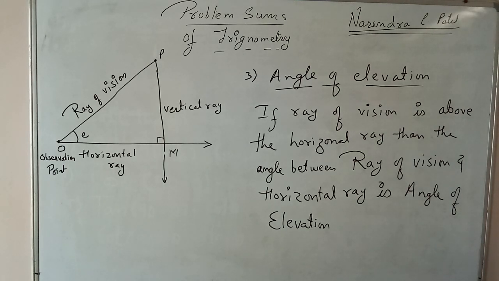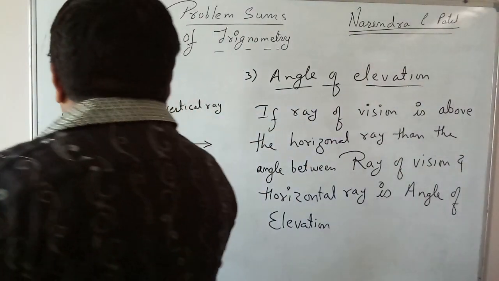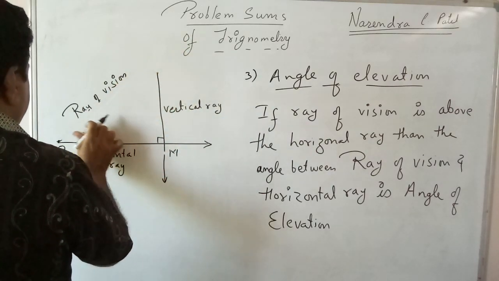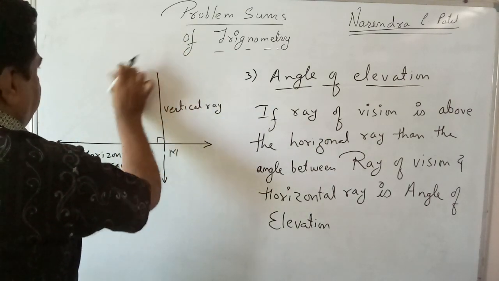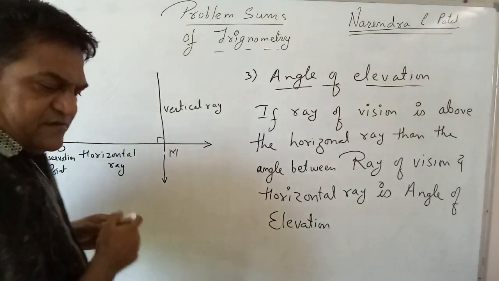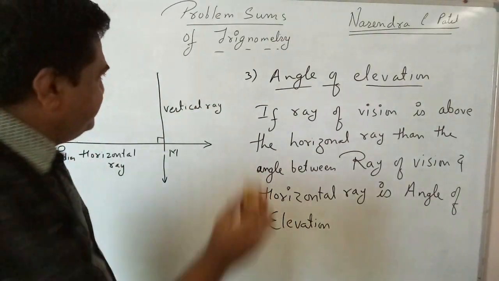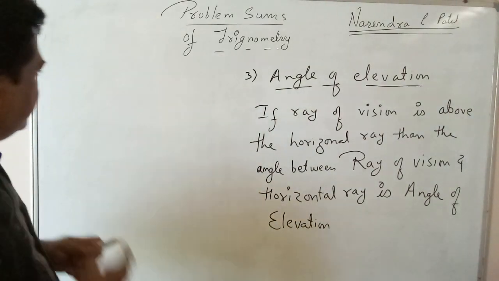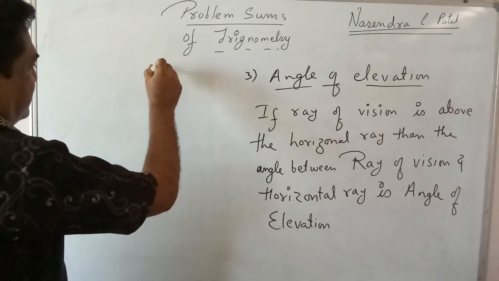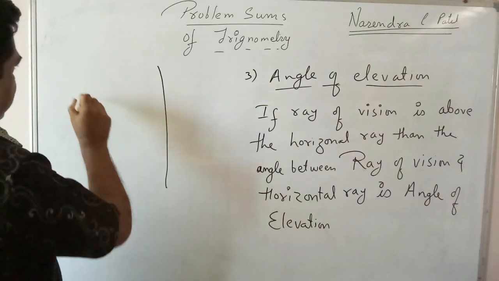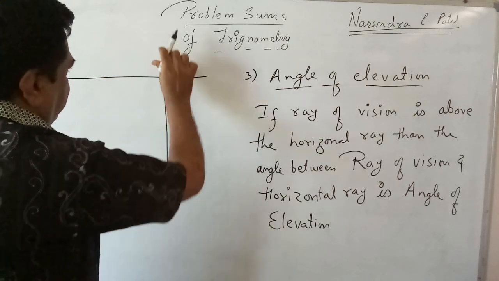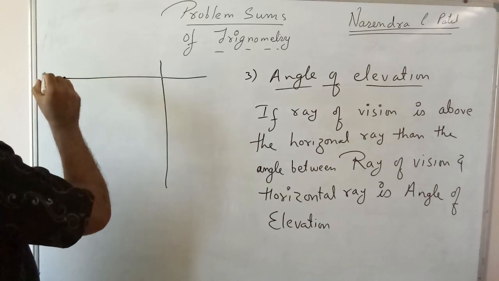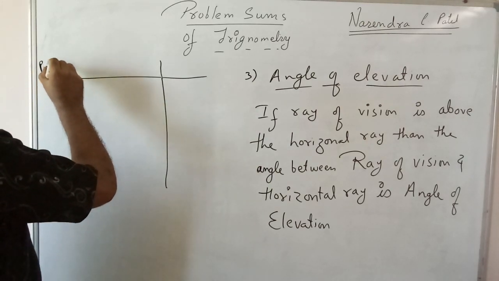In the same way, suppose you are observing the object not like this, but downward. Let me rub it and draw another one. Suppose this is the horizontal ray, and I am observing from here, the point of observation.